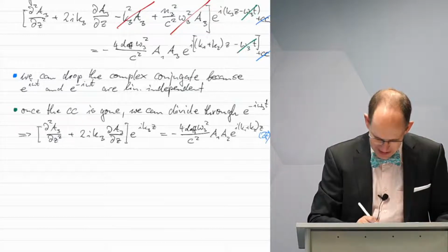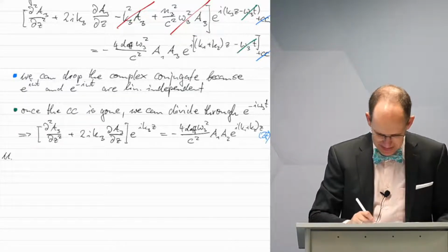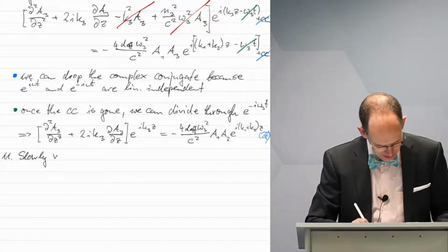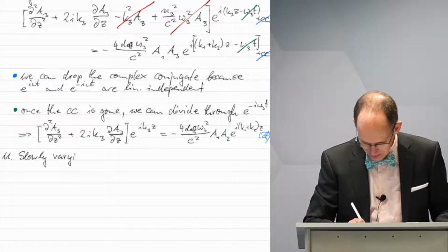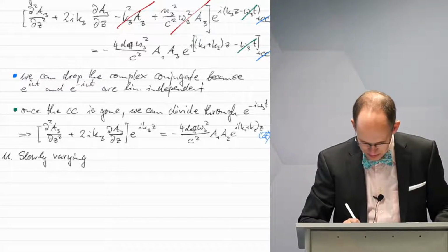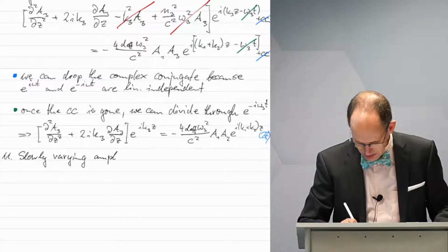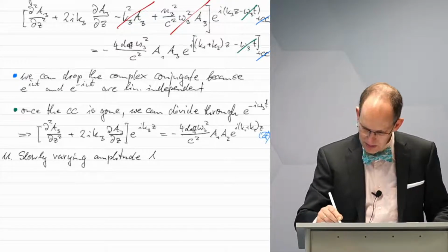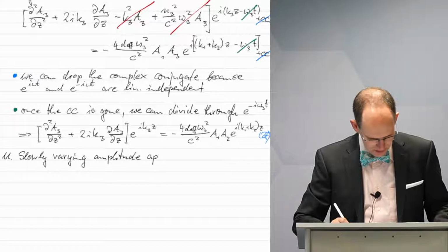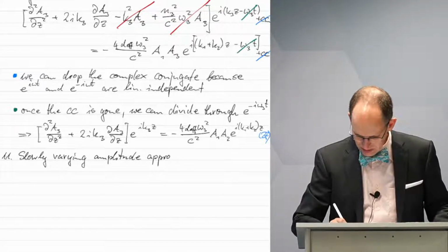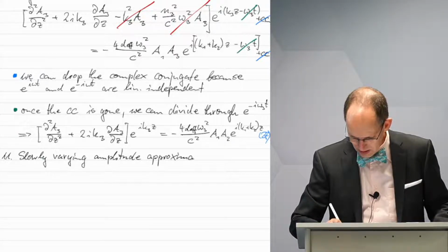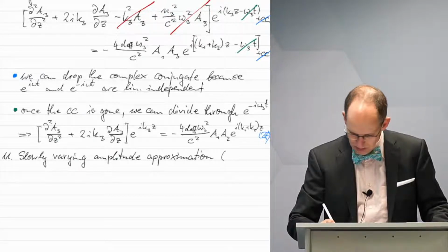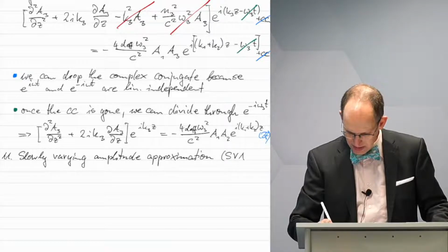Okay, next point here. The slowly varying amplitude approximation. It even got an acronym, namely SVAA.